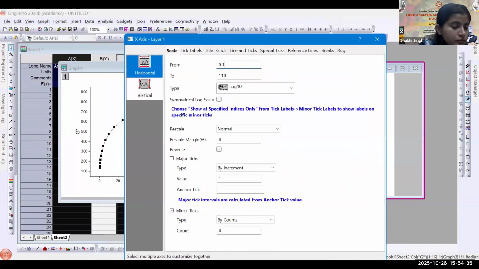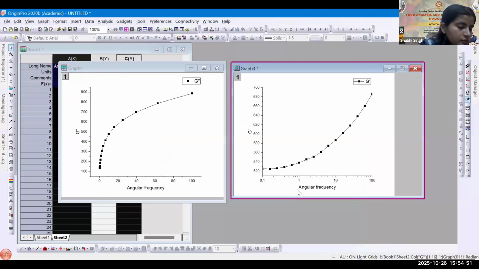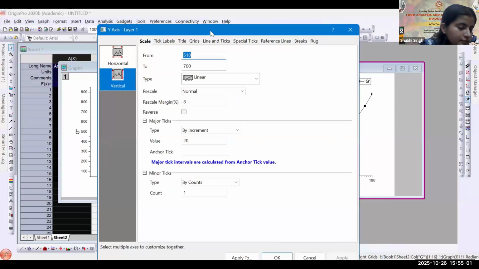(0.1 to 10). Sorry, this is up to 100. We have taken up to 100. So when we apply it, you see this graph is now in logarithmic. Similarly, we will do this for the y-axis.